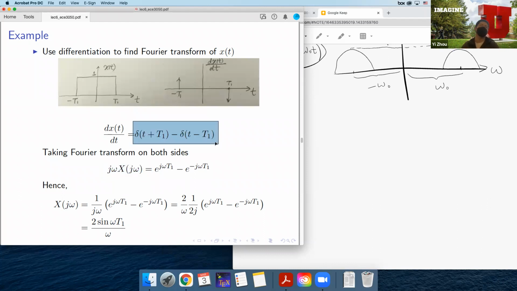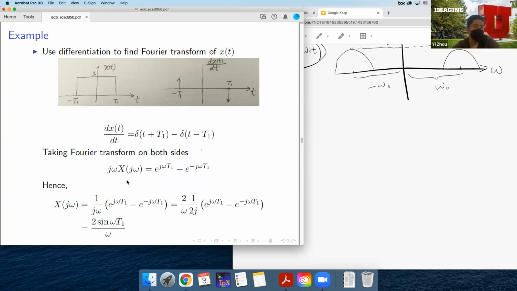On the right-hand side, we are looking at the Fourier transform of a pair of impulse signals. For impulse signals, we know their Fourier transform. If you look into the table, you will find that their corresponding Fourier transform is given by these two. So this is an equation on the original spectrum of the signal.